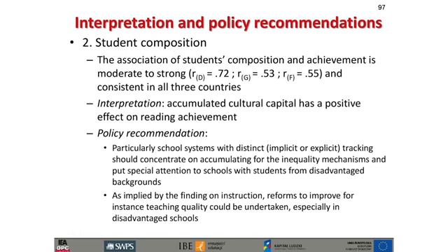Student composition is also associated with achievement, and the association is moderate to strong and consistent in all three countries. And the interpretation is that the accumulated cultural capital has a positive effect on reading achievement. And the policy recommendation is that particularly school systems with distinct implicit or explicit tracking should concentrate on accounting for the inequality mechanisms and put special attention to schools with students from disadvantaged backgrounds.